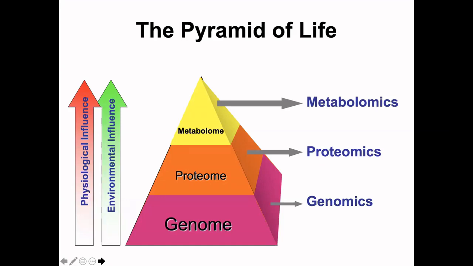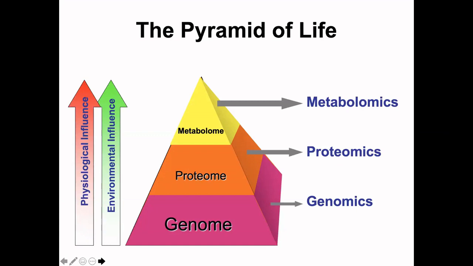Shujiao had talked about the inverted pyramid with the metabolome at the bottom. I put the genome at the bottom as the base. Genes code for proteins, proteins manipulate metabolites. And as you climb up this pyramid, there are increasing levels of influence by both environment and physiology.